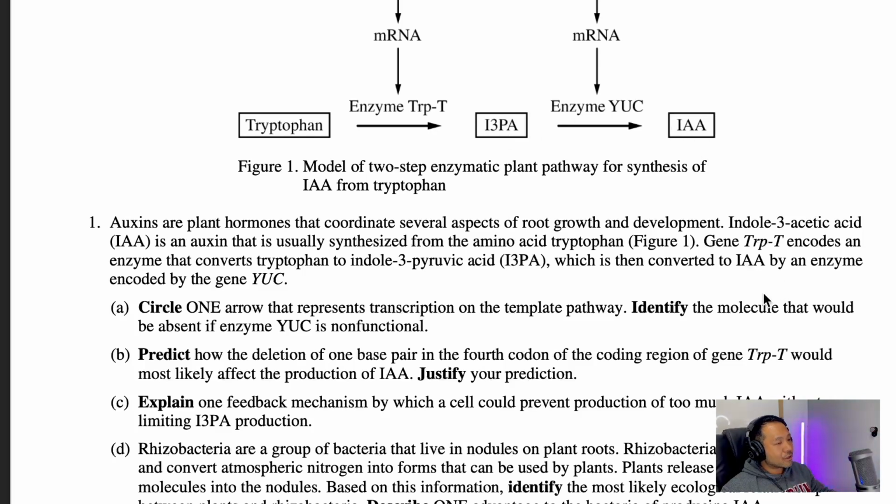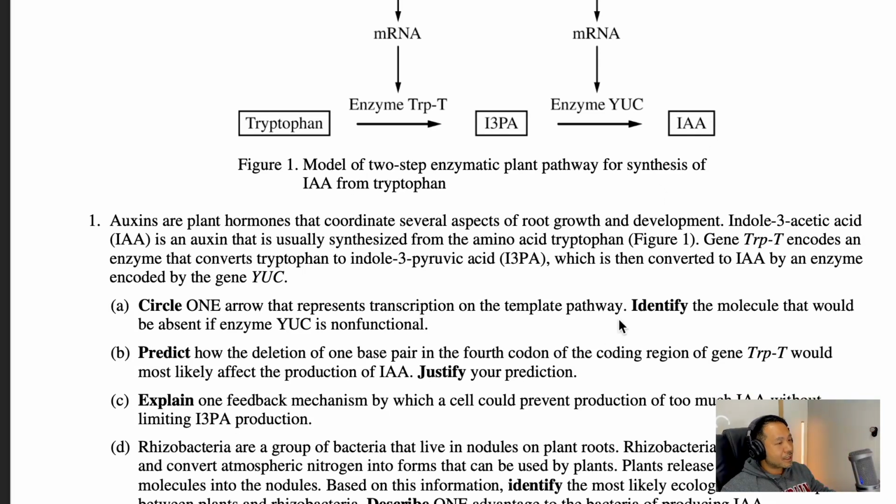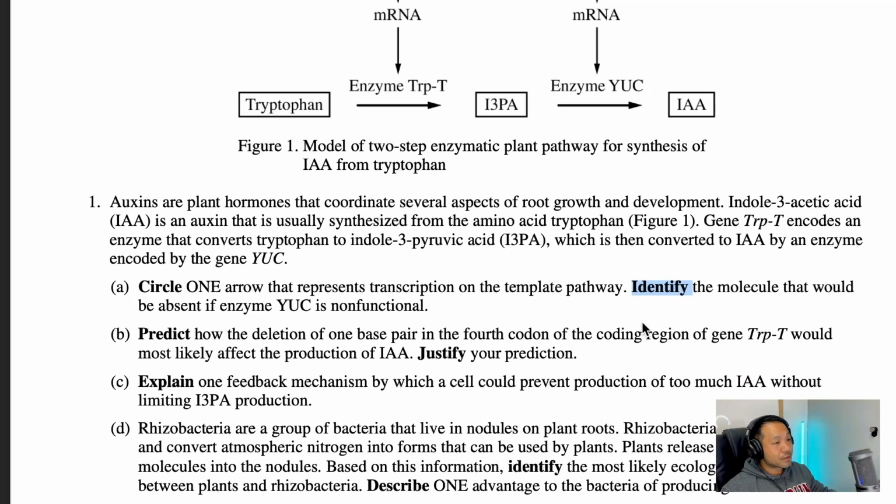So all you'd have to do is just write a sentence here that says, if enzyme YUC is non-functional, then IAA would be absent. Do you have to explain it? Not so much for identify, but I always like to do it just because I want to tell my students, in the PDFs of my answer keys, this is why it's happening. But for the purpose of the exam, you just have to identify that.